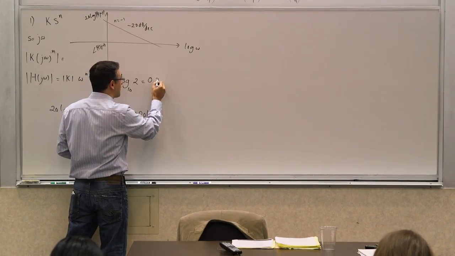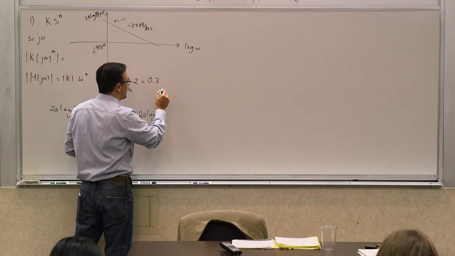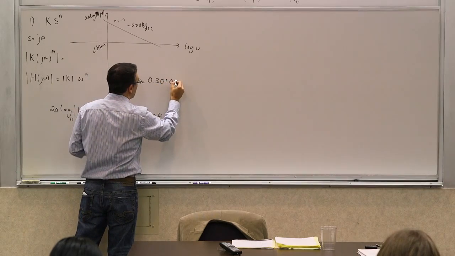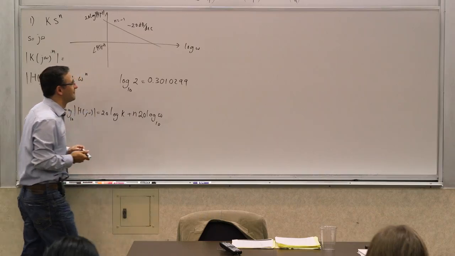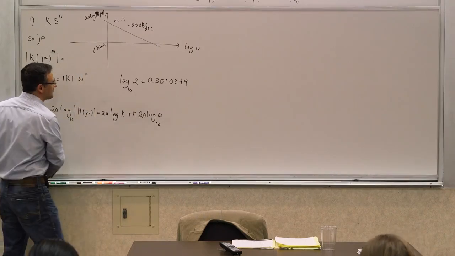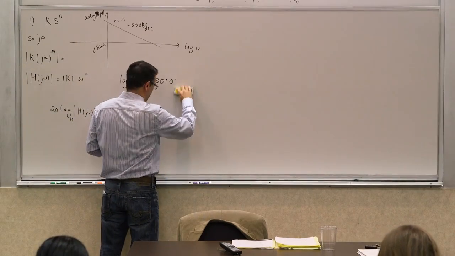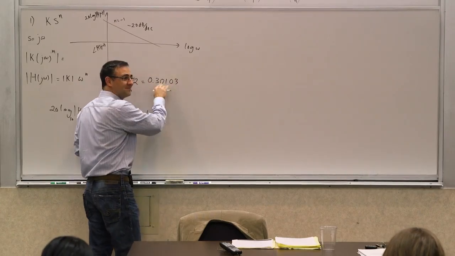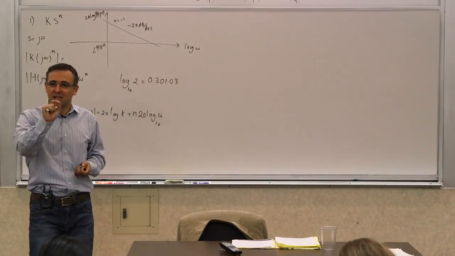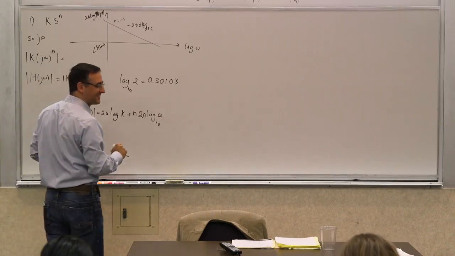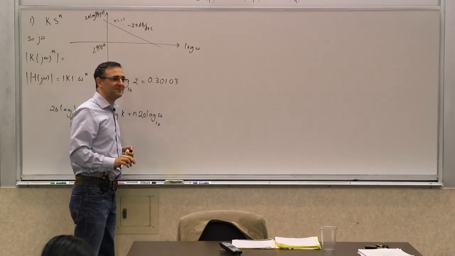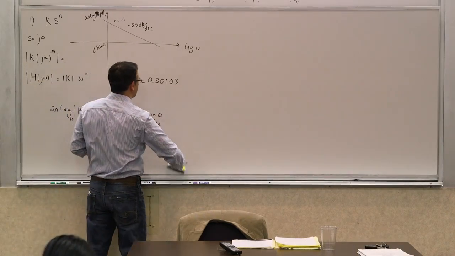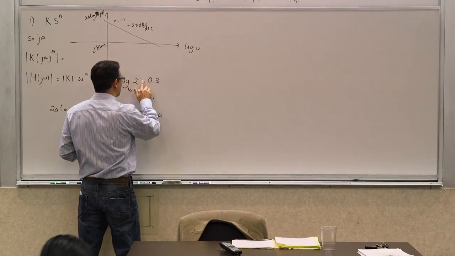It's 0.3010299. Not that it's useful, but it's easy to remember because it was almost 0.3010. It's a palindrome. And then I remember it was a little bit less than that. So anyway, the rest of it is useless. For all intents and purposes, it's 0.3.